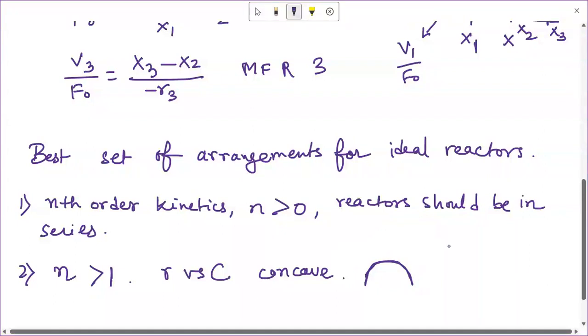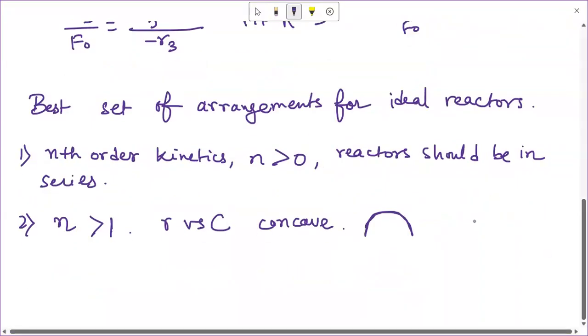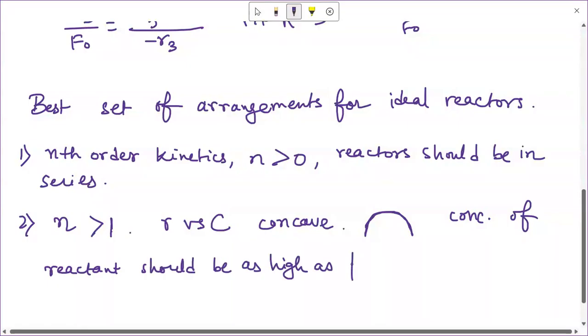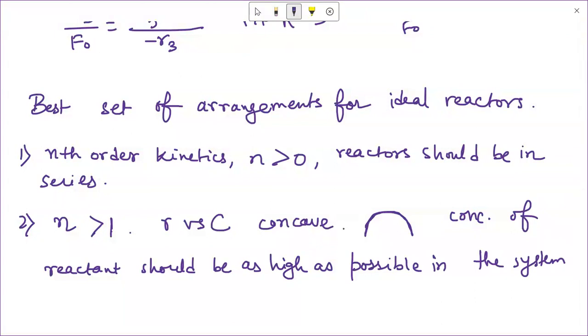In that case, your target will be to keep the concentration of reactant as high as possible in the system. Accordingly, you will be ordering your reactors.